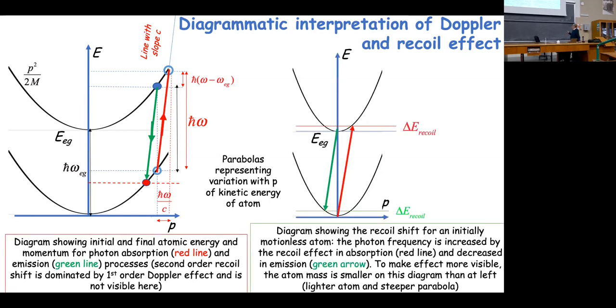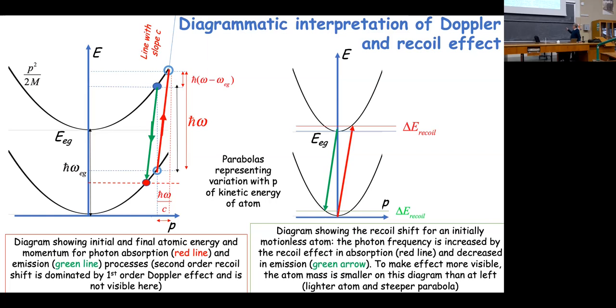If you assume that the atom is initially at rest, you see that if it absorbs a photon, it has to recoil. So it gets a momentum, and you see immediately that the energy that the atom has to take in is larger by the recoil energy than just the atomic energy. So it explains that in absorption, the photon has to be a little bit more energetic.